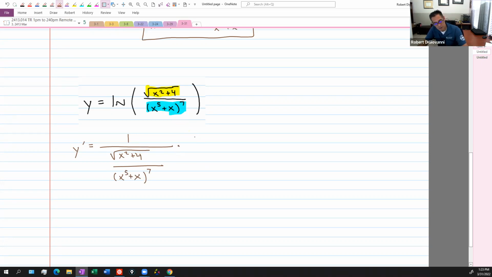So I have to take the derivative of the top, which is 1 over 2 square root of x squared plus 4 times the derivative of what's inside, which is 2x, times the bottom function, x to the 5th plus x to the 7th. Okay, done with the first part, minus the derivative of the bottom, which is a chain rule.